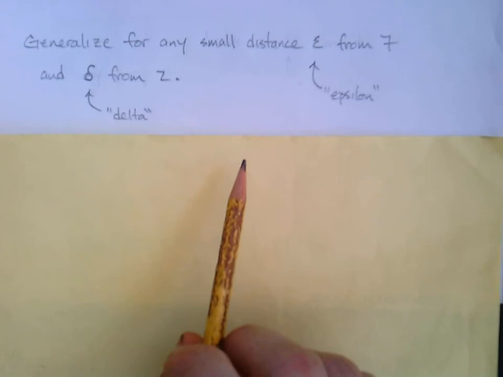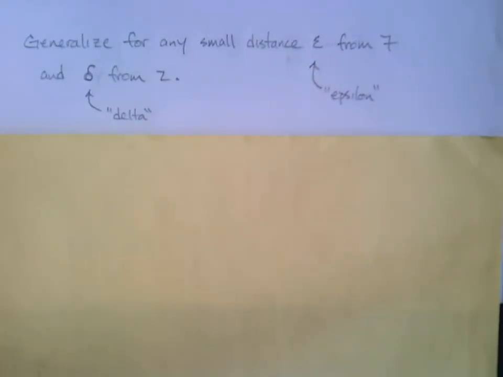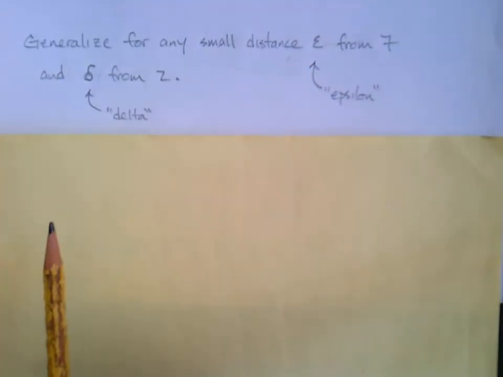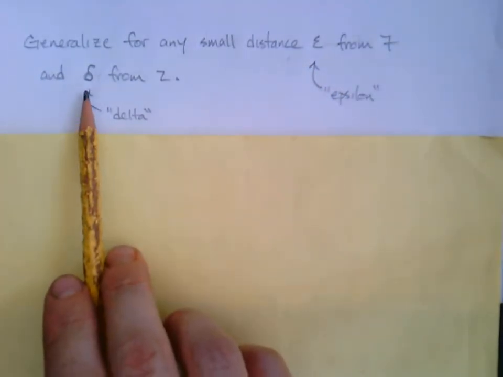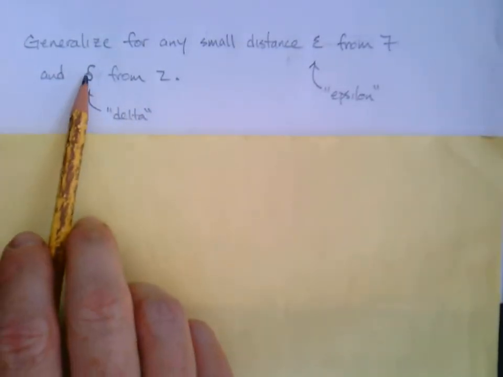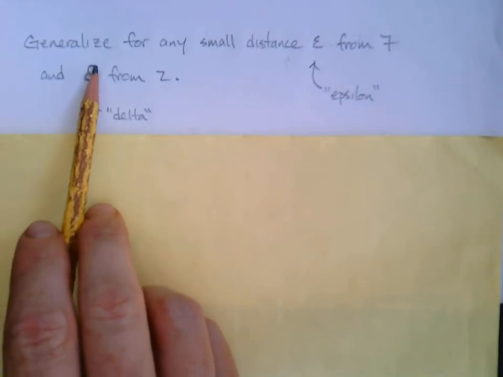It's their letter E. You may or may not have seen that Greek letter before. That's a lowercase epsilon, by the way. Any small distance epsilon from 7 and delta from 2. The delta is kind of like a script D, kind of starts here and curves around like that.